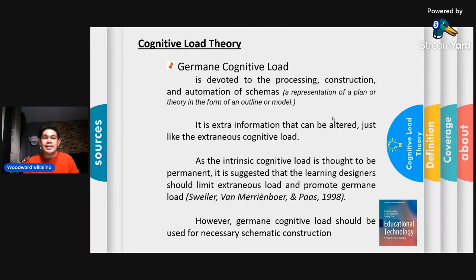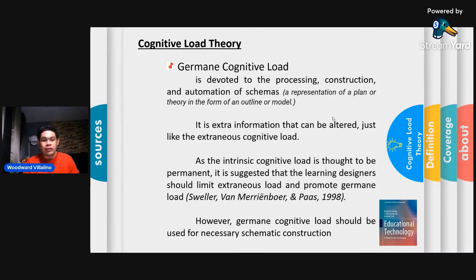As we can see in this scenario, the intrinsic cognitive load, or the permanent one, is the law of inertia. This is the knowledge that has been discussed by Newton's first law, which is the law of inertia. So this is permanent. We cannot change or alter this.